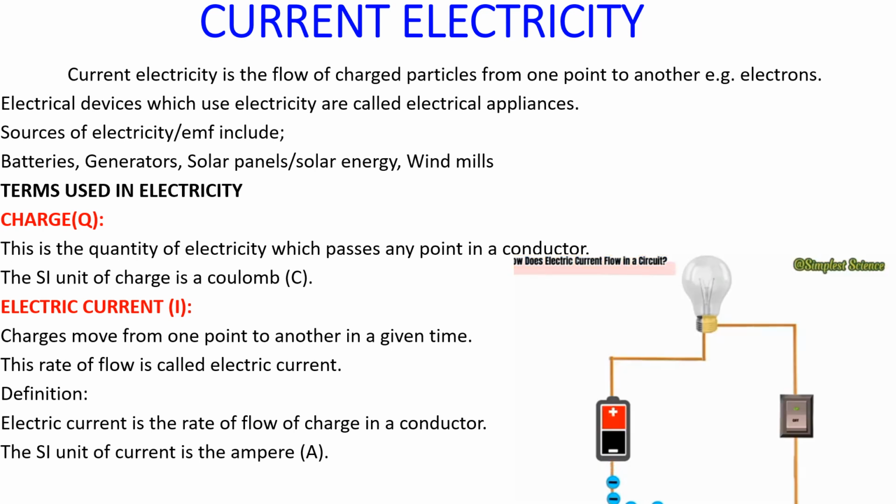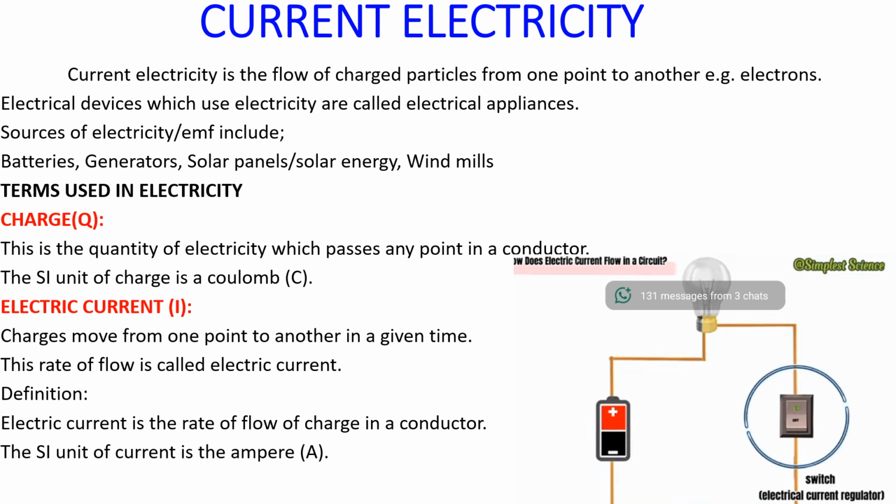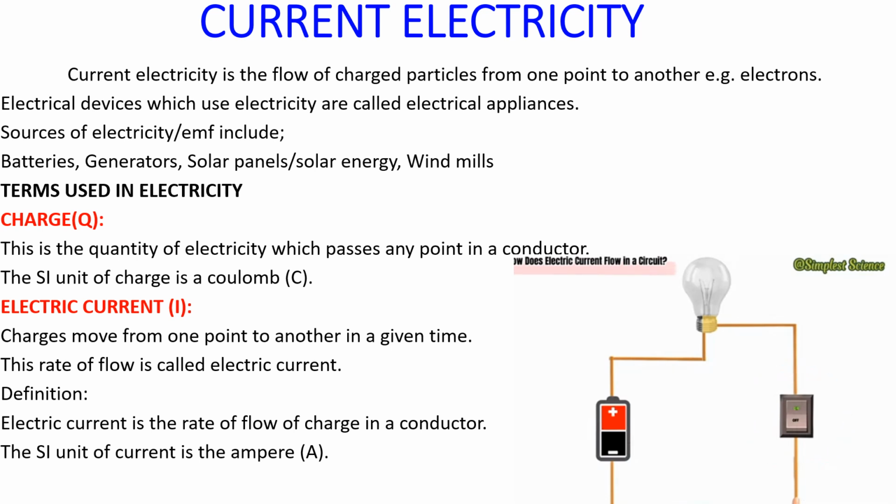So the electrons on the outermost shell of the conductor, taking a copper wire, are free to move. So as they are flowing through a conductor, they constitute the flow of current, because we have realized that the rate at which electrons flow determines current. So the switching on and off sets what we call a closed and an open circuit.